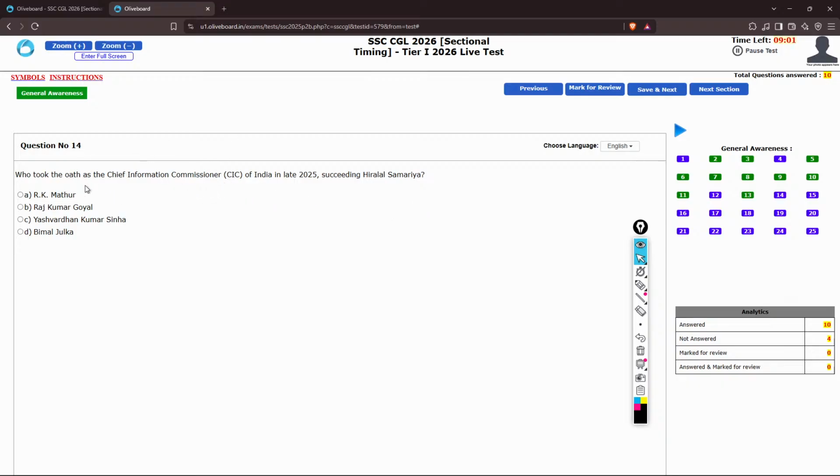Chief information commissioner, succeeding Hilal. Information, no idea. In April 2026, which state emerged as the overall champion? Medal tally.